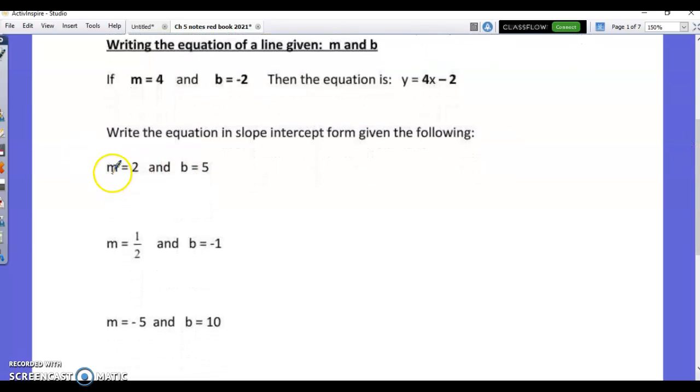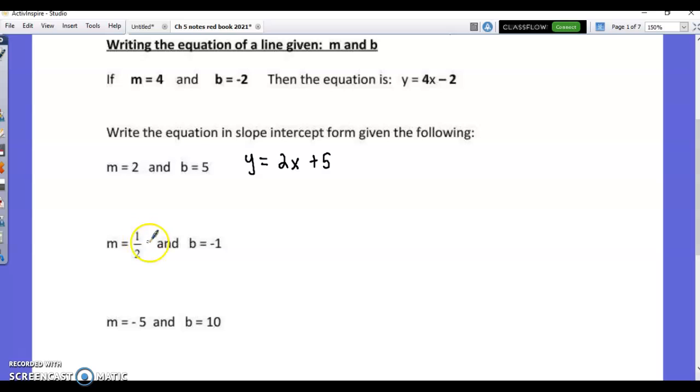If I have a line with a slope of 2 and a y-intercept of 5, the equation would be y = 2x + 5. Very simple.